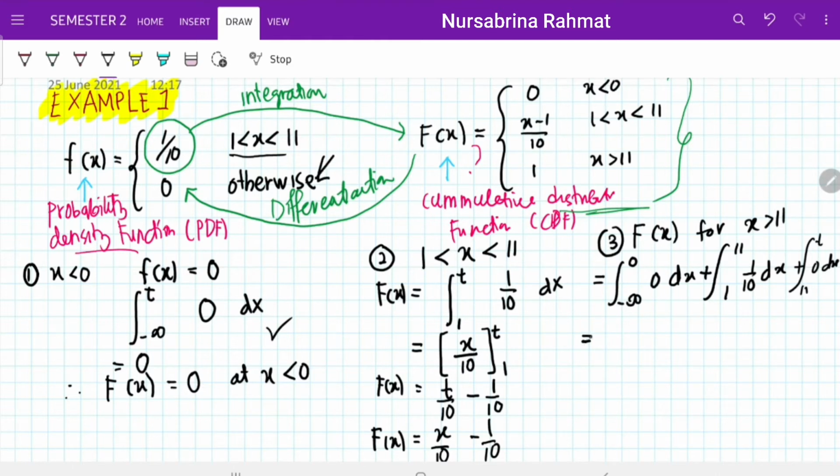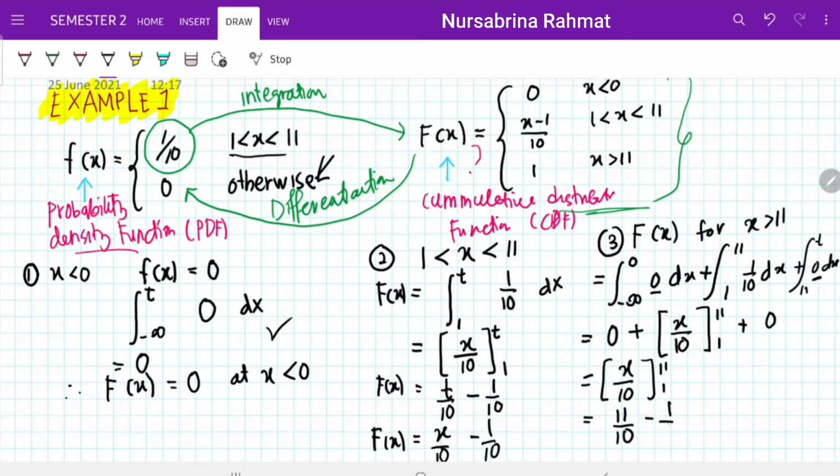Integrating 0 becomes 0, plus integrating 1 over 10 becomes x over 10 between 1 and 11, and integrating 0 for the last part becomes 0 too. So we are left with x over 10 between 1 and 11, which equals 11 over 10 minus 1 over 10.